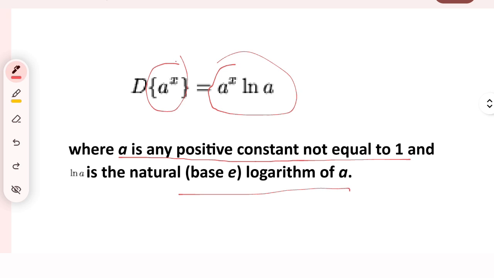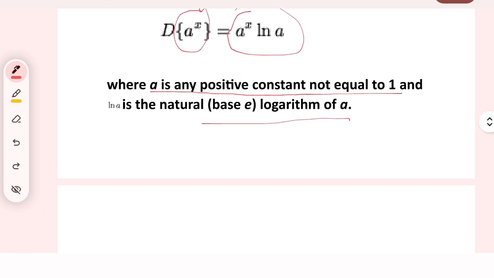So if you are given the derivative of a to the power of x, the answer is a to the x times ln of a, the natural logarithm of a. So again, the derivative of a to the power of x is equal to a to the power of x times ln a, and a is any positive constant not equal to 1. All right? So that is the second one that you need to remember.